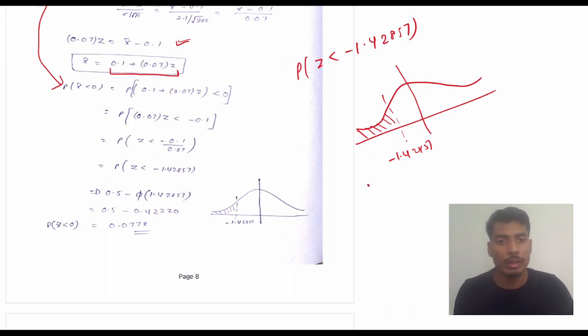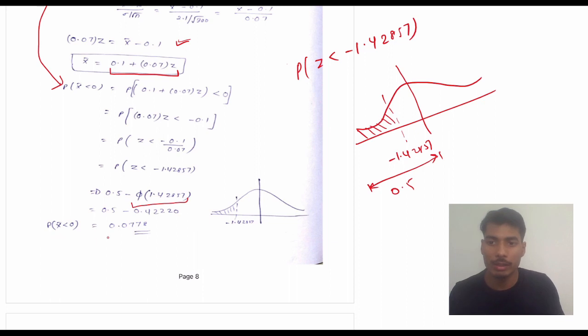We know the area of this half is 0.5. If we subtract the area between 0 and 1.42857 from it, we can get this area. So 0.5 minus the area of 1.42857. If you look up the value in the z table, you get 0.4220. After solving, the probability of x bar less than 0 equals 0.0778. This one is the answer.